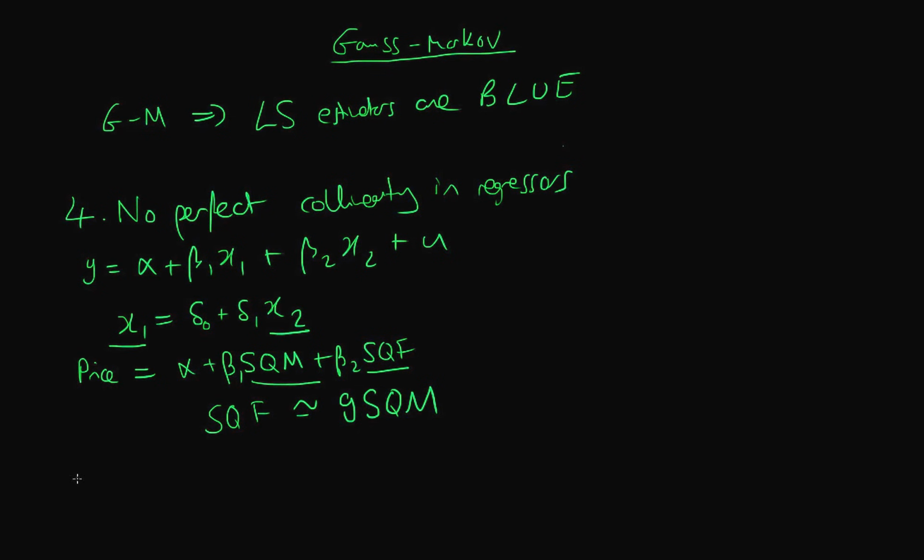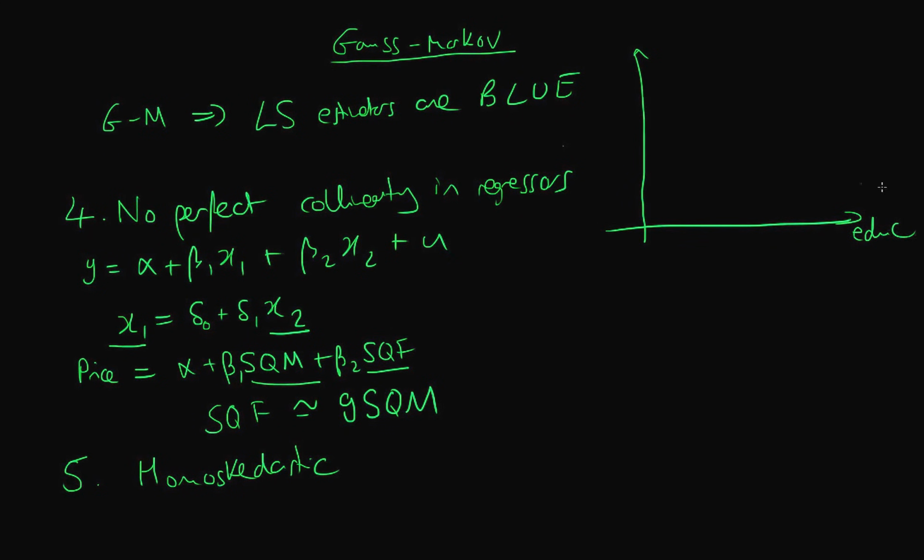Assumption 5 is called homoscedastic errors. Homoscedastic errors means that if I draw a process, so let's say I have my number of years of education and my wage rate, and this again is referring to the population data rather than the sample.